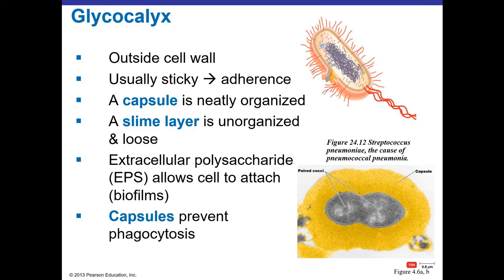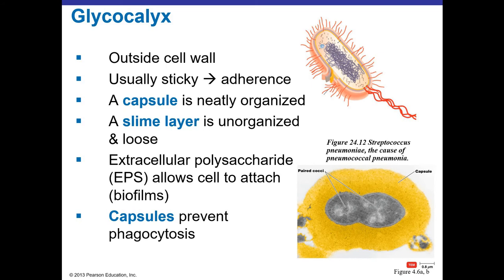Now we're going to talk about those structures. The glycocalyx is what's referred to as an extracellular polysaccharide, or EPS. This is kind of a jelly-like matrix that is external to the cell wall. Not all cells have a glycocalyx, but when they do, this is often a virulence structure. As a polysaccharide, this is usually fairly sticky.